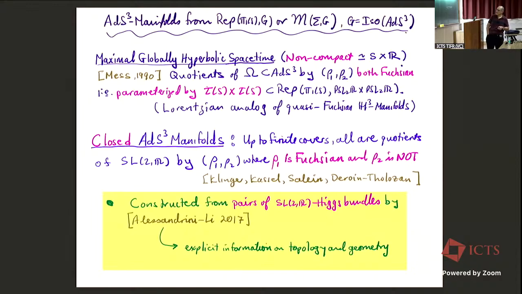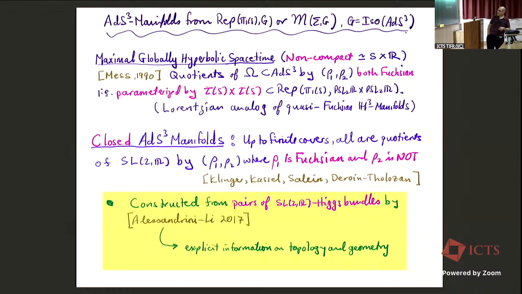There's a related but slightly different classification of a class of closed anti-de Sitter manifolds, so compact ones, which up to finite covers are also all quotients of SL2R by a pair of representations, but now one of them is Fuchsian and the other is definitely not, cannot be.